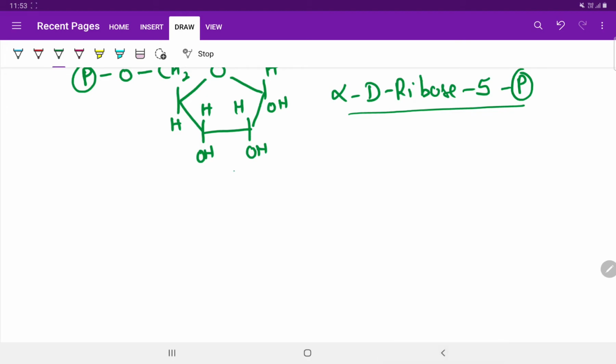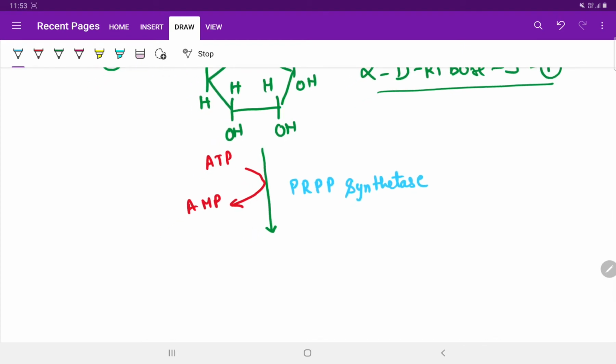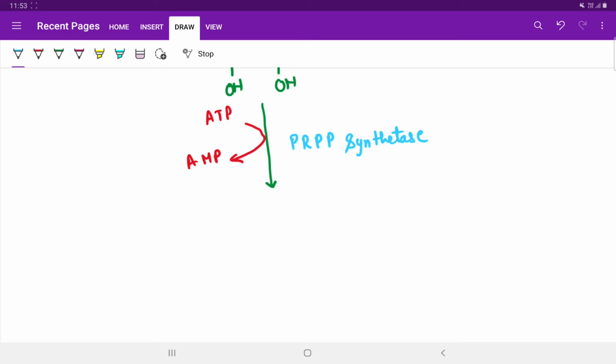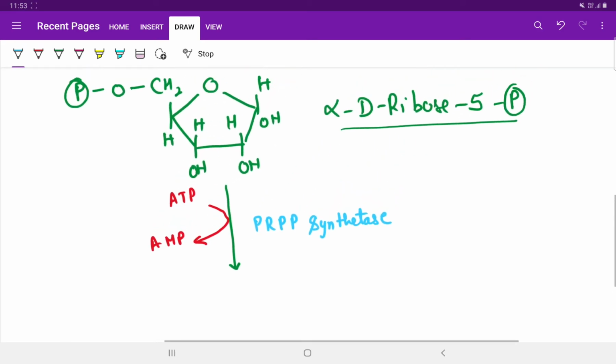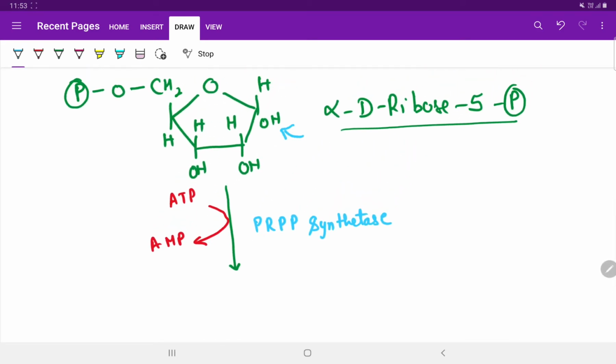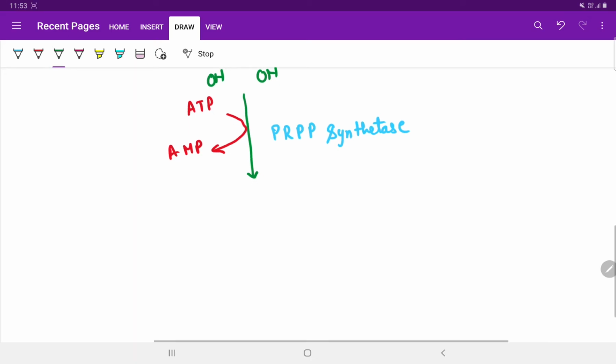So in the first reaction, an ATP will be consumed in the presence of the enzyme PRPP synthetase. This PRPP synthetase leads to the formation of 5-phosphoribosyl alpha pyrophosphate. So ultimately 2 phosphate molecules will be attached on this site. Now let us draw the structure for this.